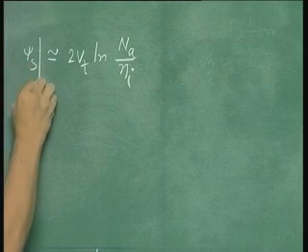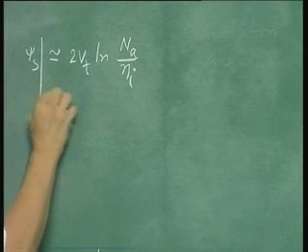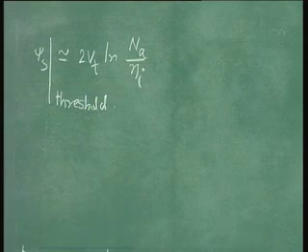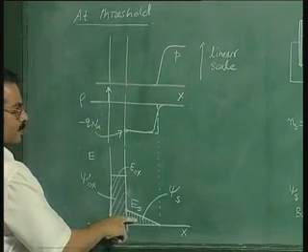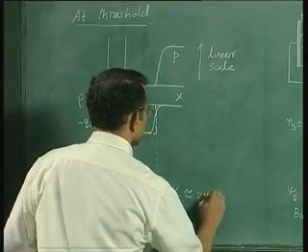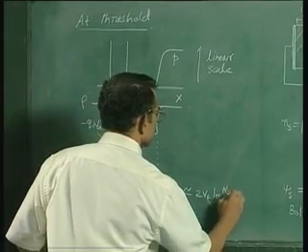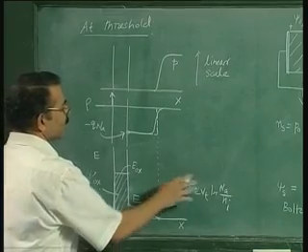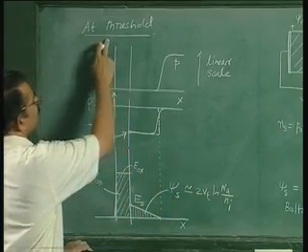So this is psi s at threshold. So in other words, we have identified this area here. Please note that the psi s will vary with voltage. We are talking about the conditions right at threshold.